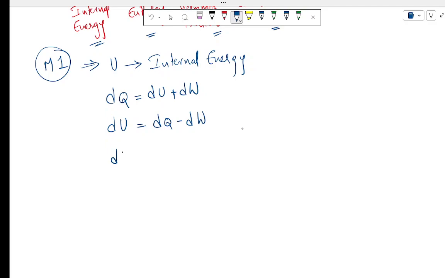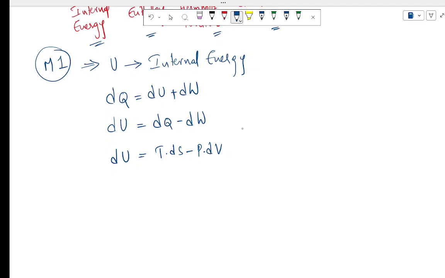Here, based on the Clausius inequality, I can write that dq is equal to tds, and in place of dw I can write p dv, that is the work done, the displacement work formula. So this is how I can write the U formula here.